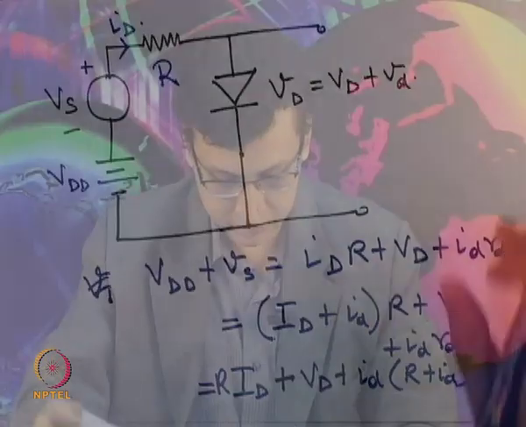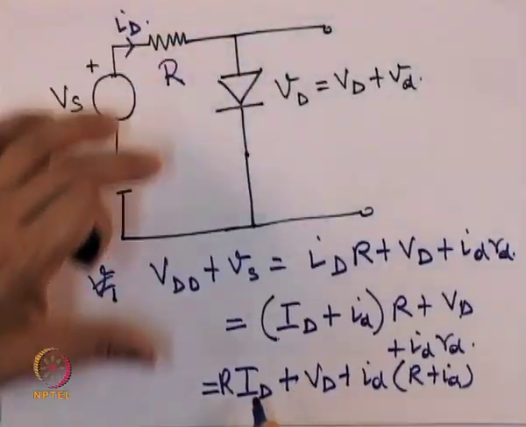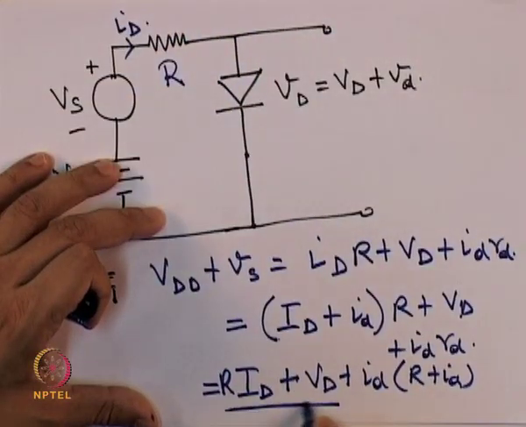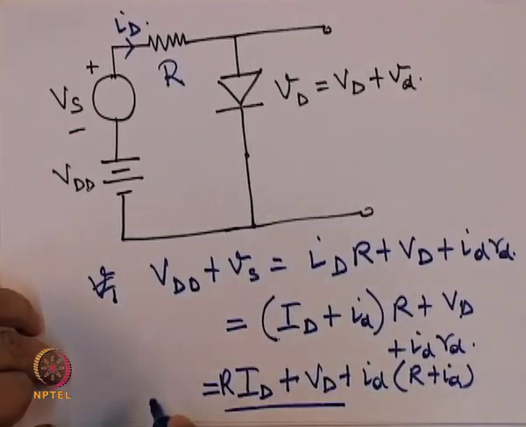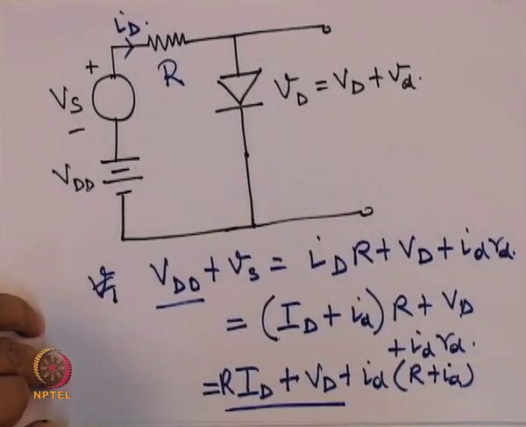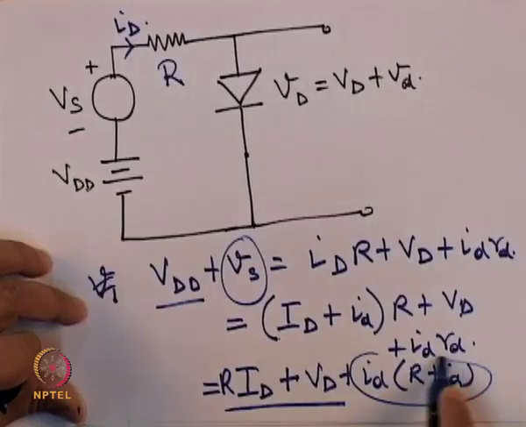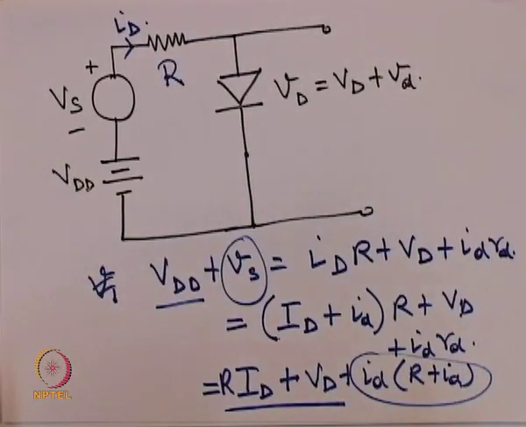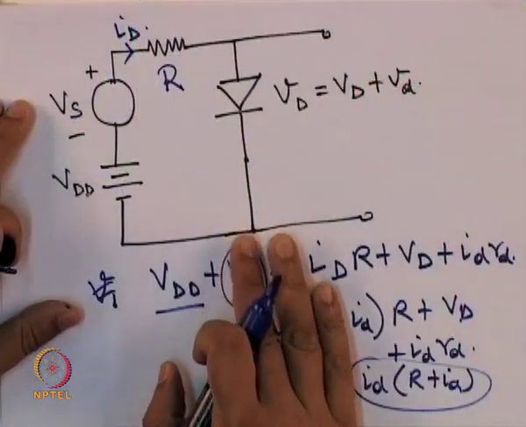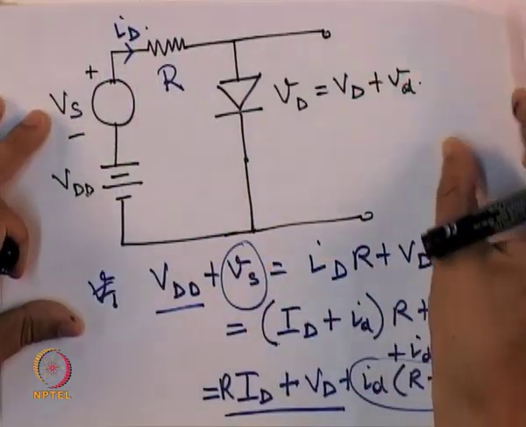Okay. See here, this part that we obtained is dependent only on DC currents and voltages. This part, the voltage side, left hand side, is also dependent on DC components, but this component and this component is dependent on the AC currents and voltages. So the circuit which we were given here initially can now be divided into two components.